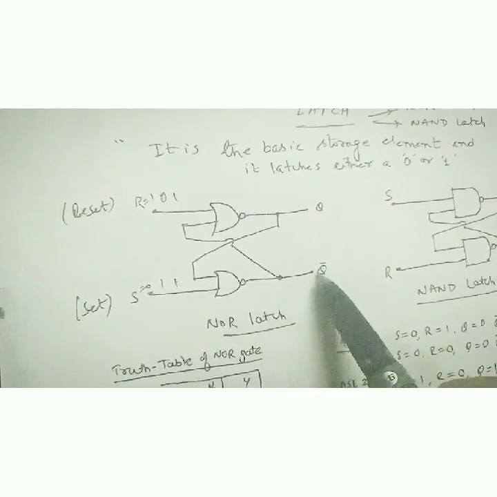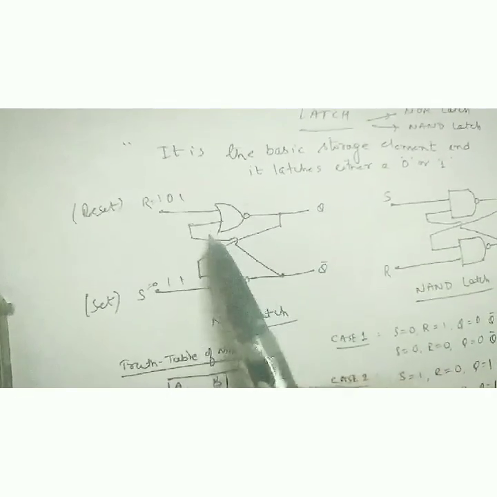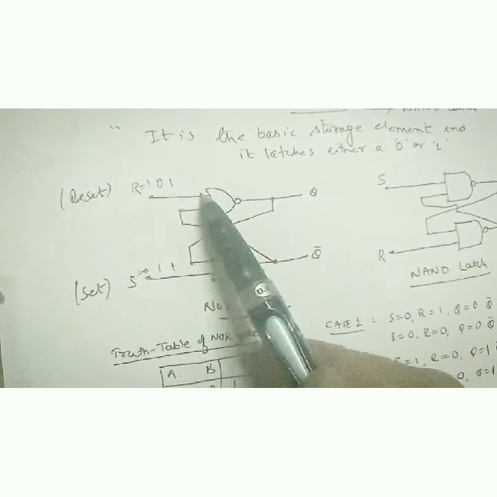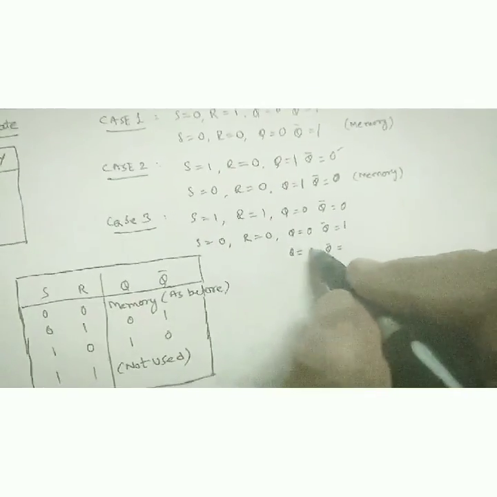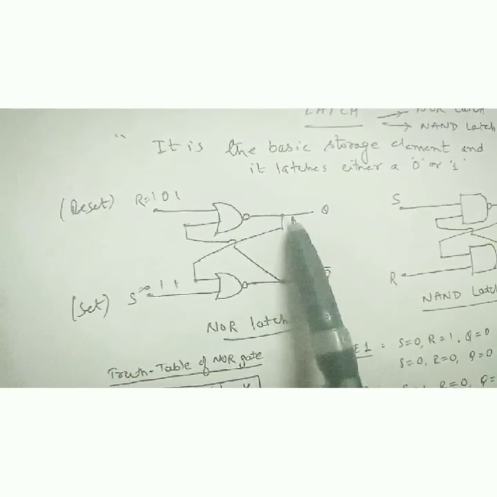Since Q bar is 0, okay, now this 0, this 0, okay, so this will cause Q to become 1. So I am writing over here Q to become 1.